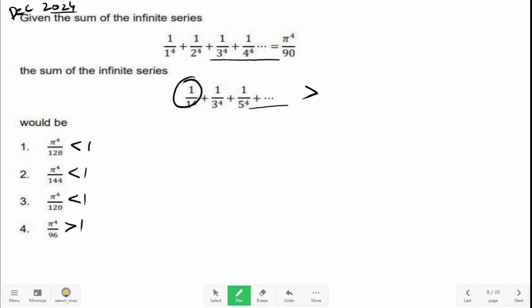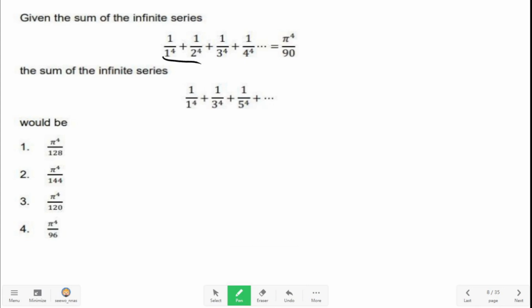So of course this will be greater than 1, which means it will be greater than 1. But this will not work if you are given multiple options which are greater than 1. So let us use the systematic method to solve this.